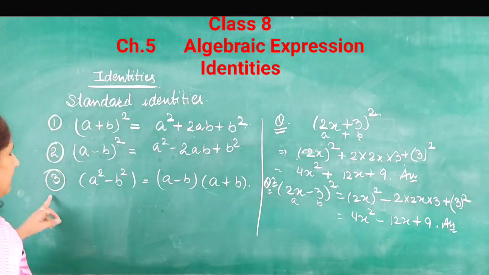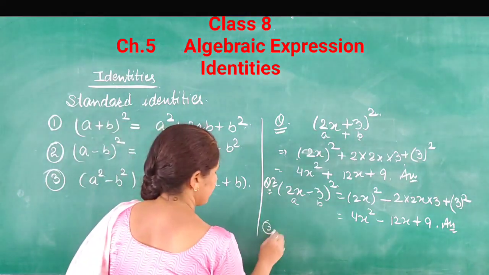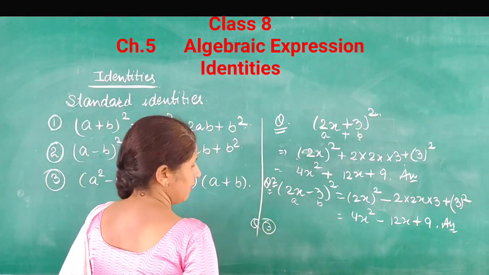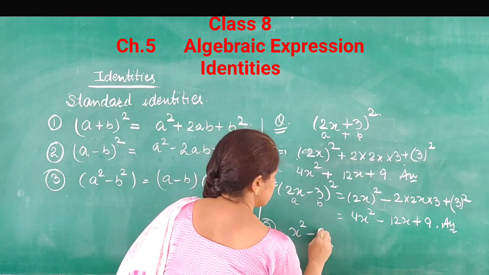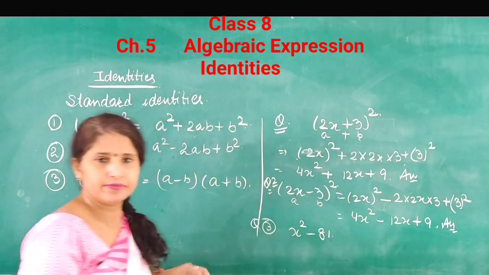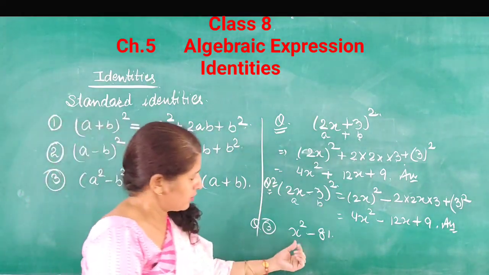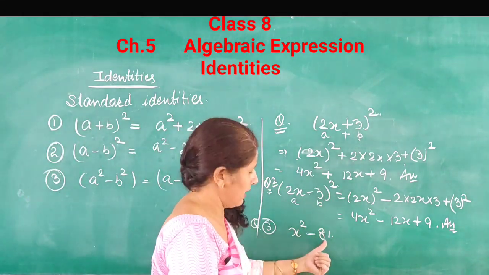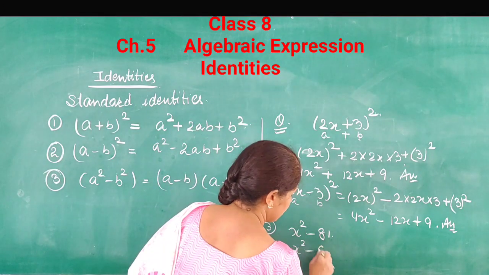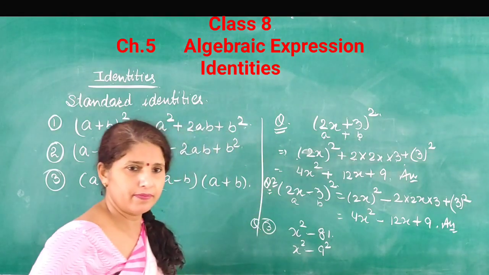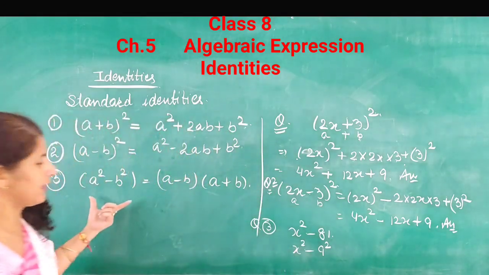Now the third identity. If the question is in the form of x square minus 81, you can see this is x square and this is 81. So you can write it as x square minus 9 square. Now you can apply the third identity.